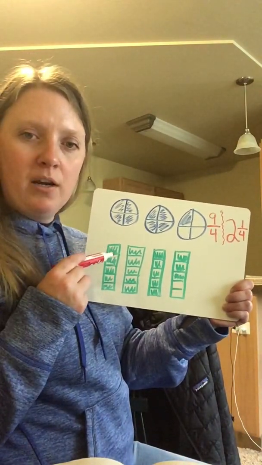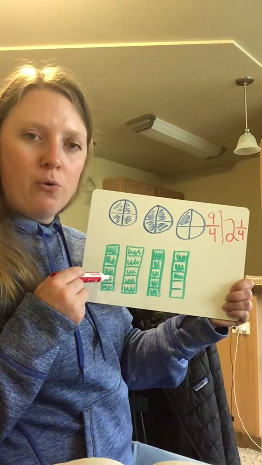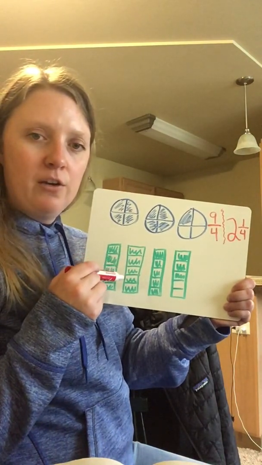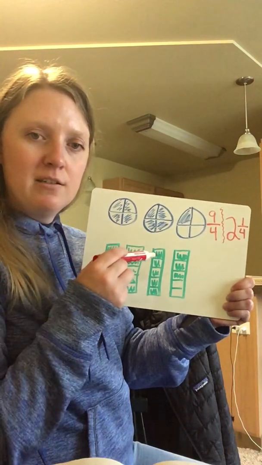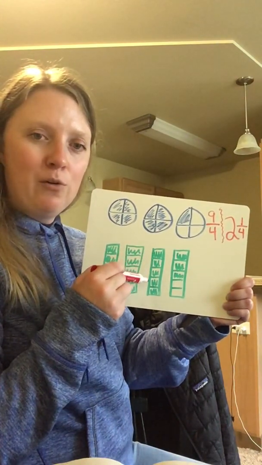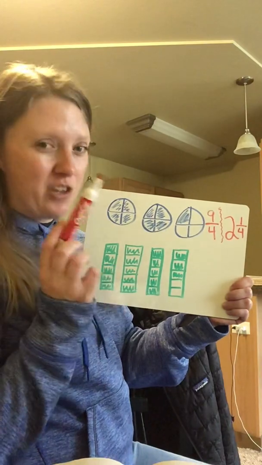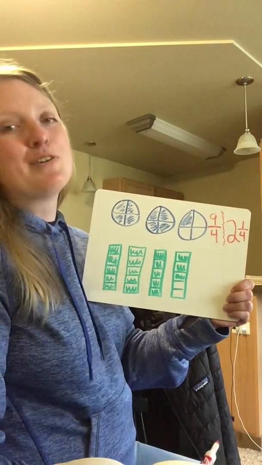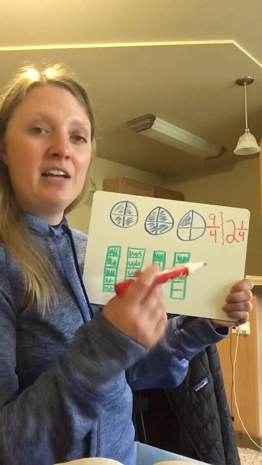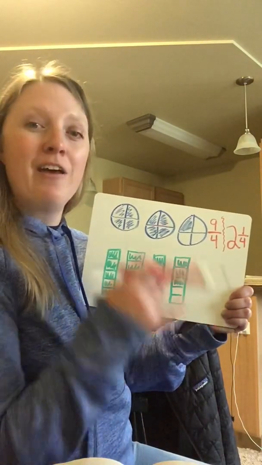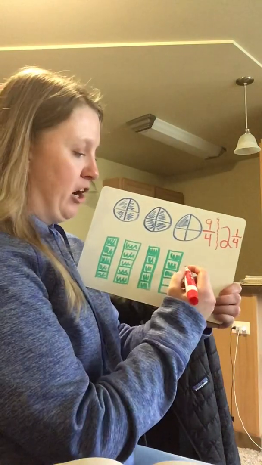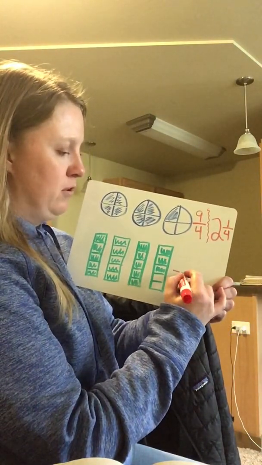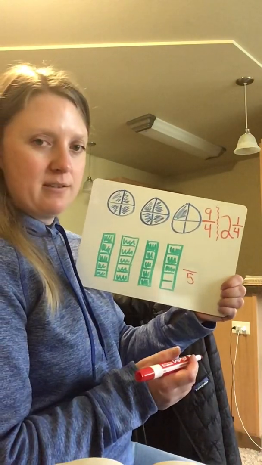All right, so 1, 2, 3, 4, 5 pieces in each one. Shocking, right? So each one of these rectangles has been cut into 5 pieces, or fifths. So when we start our improper fraction, our denominator will be 5, because they each have 5 total pieces.